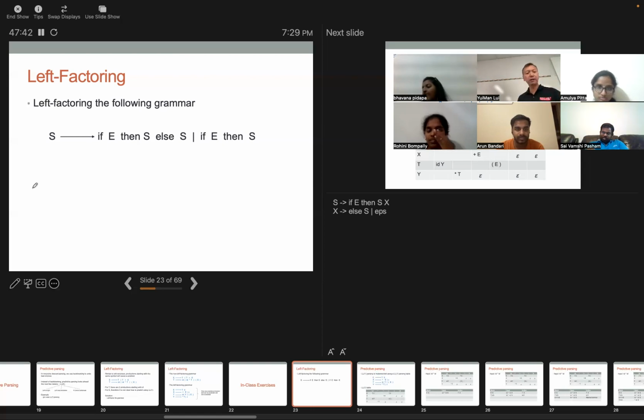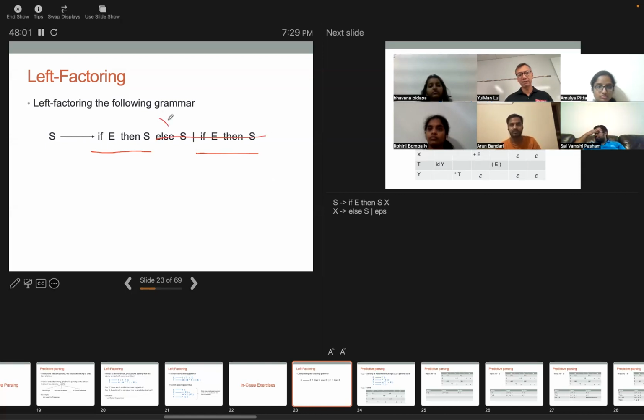All right, let's take a look here. So here we have if E then S, right? If E then S, so basically the same here. So we can just eliminate all this, right?